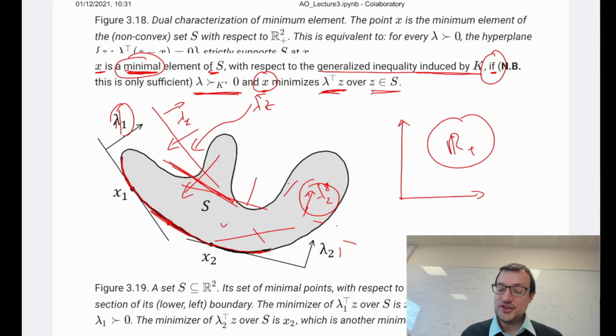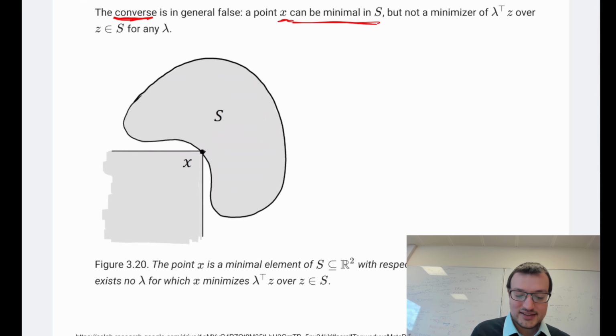And this is exactly the reason why, and it will be clear in a moment, okay? The point here is that using this definition, this is just a sufficient condition. So we will find a lot of minimal points in this way, but we don't have the guarantee of finding all minimal points. And here there is a nice counterexample, okay?